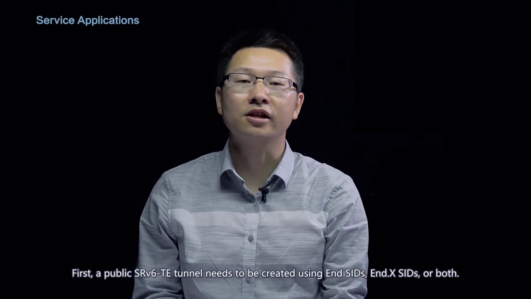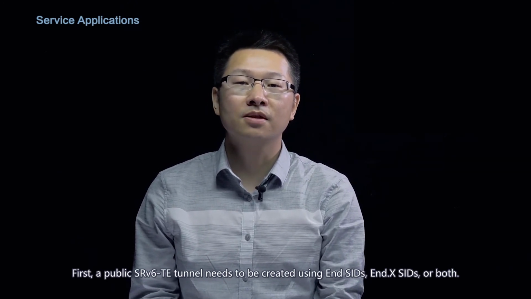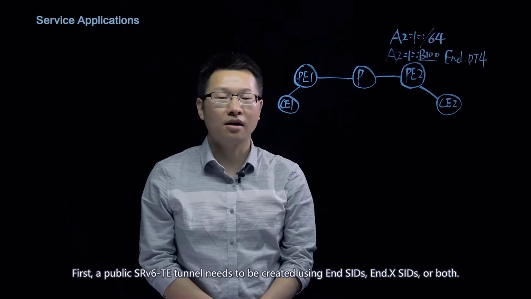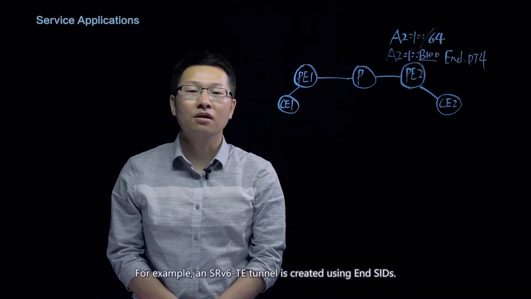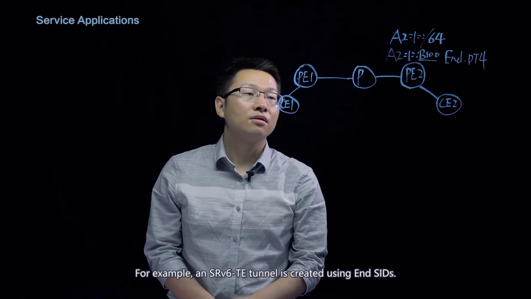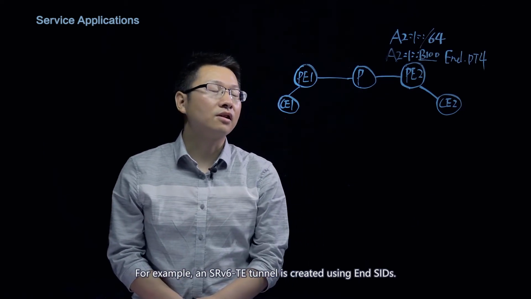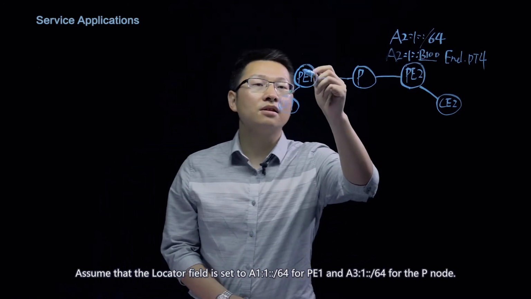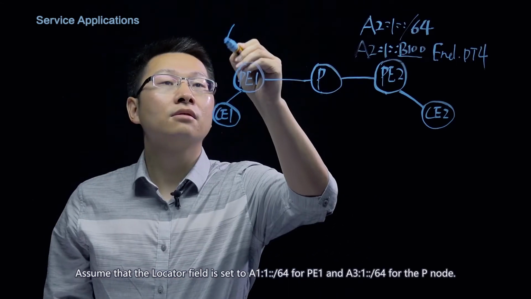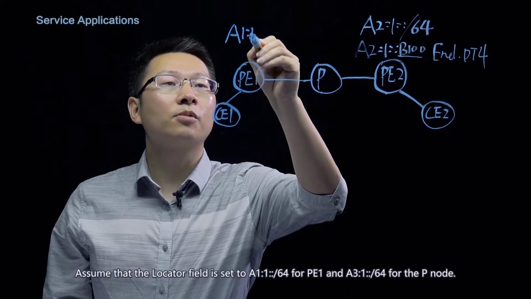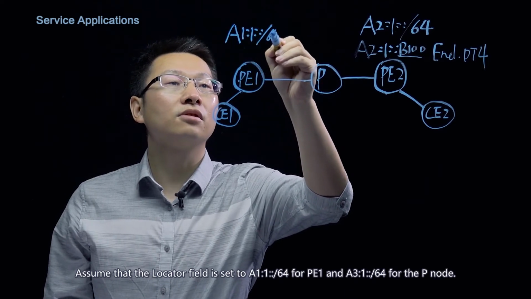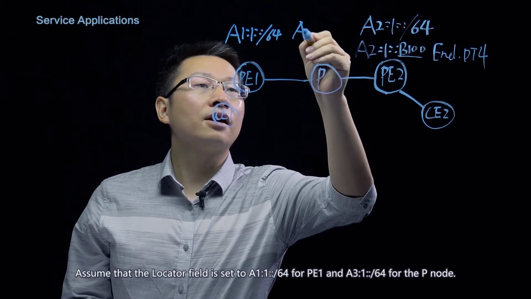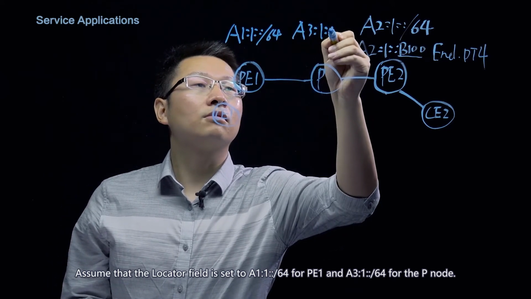First, a public SRv6 TE tunnel needs to be created using End SIDs, End.X SIDs, or both. For example, an SRv6 TE tunnel is created using End SIDs. Assume that the locator is set to A1:1::/64 for PE1 and A3:1::/64 for the P node.